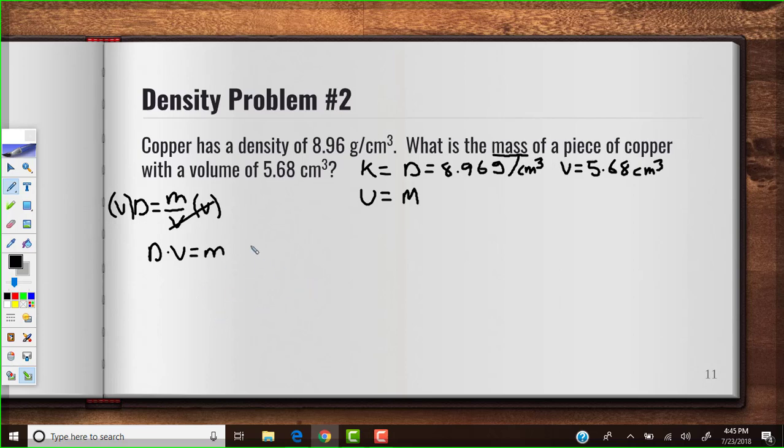The other way to do this is go ahead and plug the numbers in first and solve that way. So density, 8.96 grams per centimeter cubed. Our mass is unknown, and our volume is 5.68 centimeters cubed.